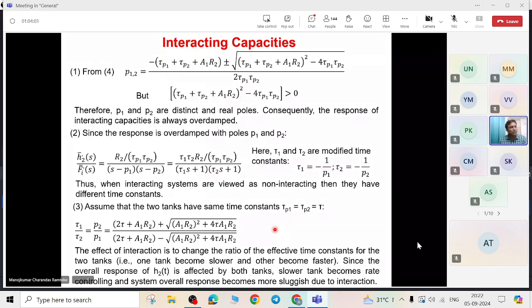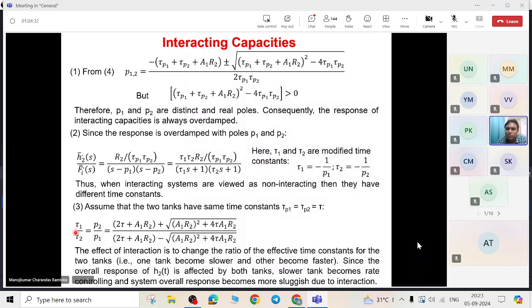So what we are trying to say here is, since one of the apparent time constants is going to increase beyond its actual time constant, which is nothing but tau p1, and the other time constant, tau 2, is going to become lower than the actual time constant. But since the higher value of the time constant will be rate limiting, because the higher the time constant, the more sluggish the response, this tau 1 is going to dominate and give you the rate limiting step.